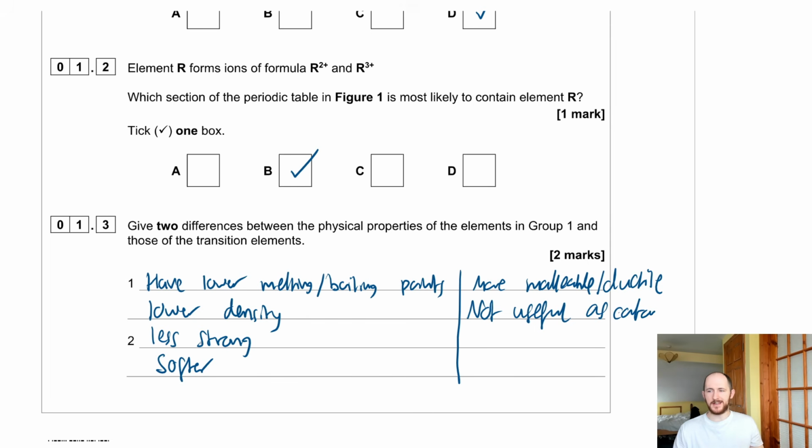That's one that I haven't really seen any students write before, but it is one that was remarked as being present in the 2022 paper, which is kind of interesting. Obviously, you can say the exact opposite, right? You could say transition elements have higher melting and boiling points, higher density, more strong, soft and harder. So you can say the exact opposite, of course. It just depends. I've gone with group 1 elements are lower and whatever.